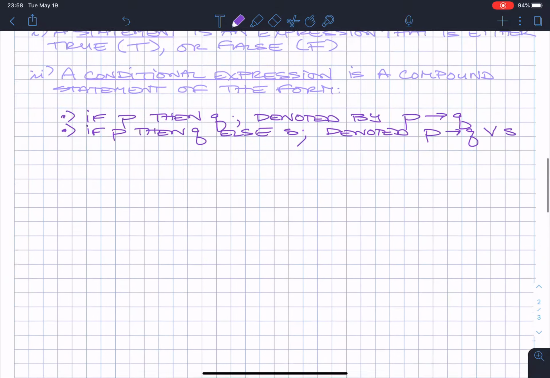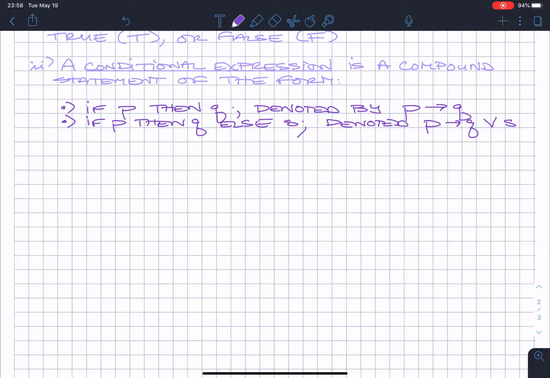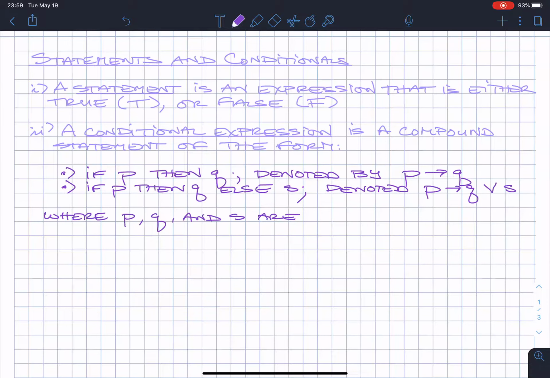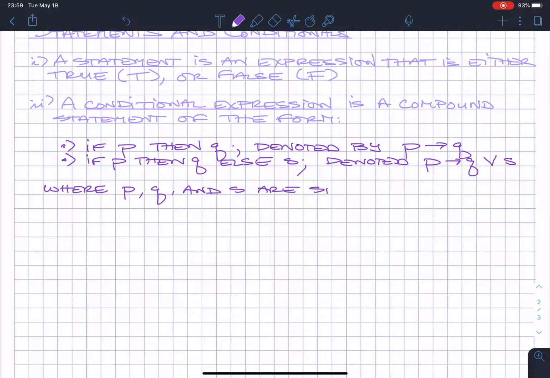So what are P, Q, and S? P, Q, and S are statements. And what are statements? They're expressions that are either true or false.